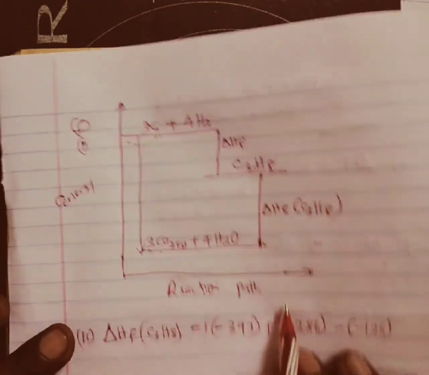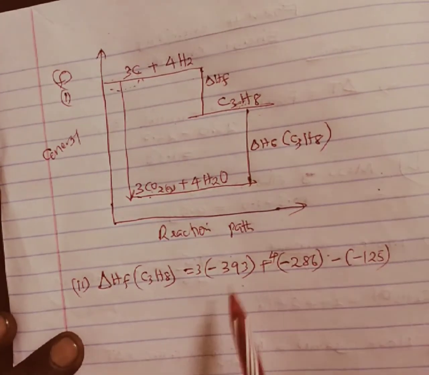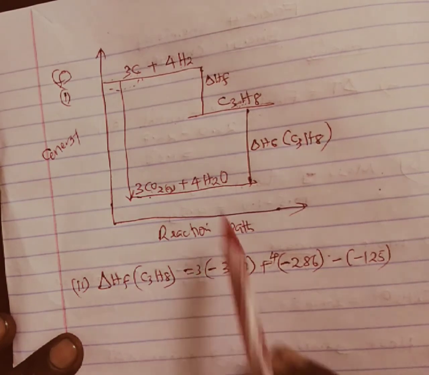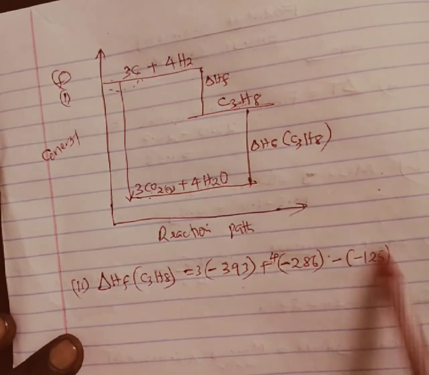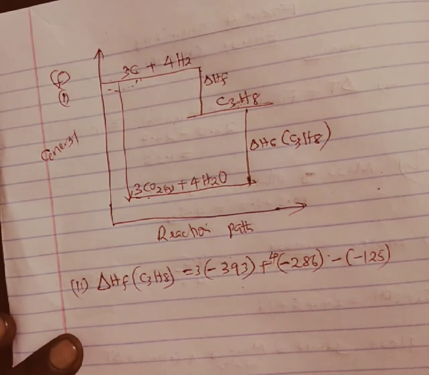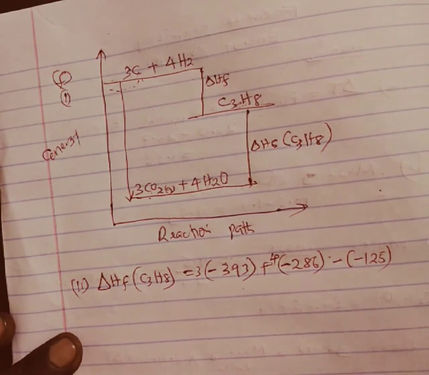In this case, this is the enthalpy heat change of combustion of carbon alone, then that of hydrogen, then we minus that of burning propane directly. The difference will give us the enthalpy heat change of formation of propane.